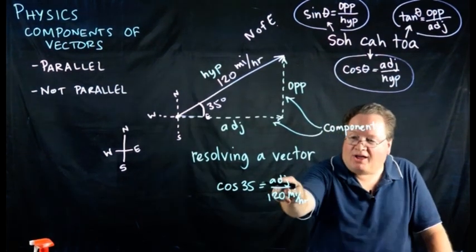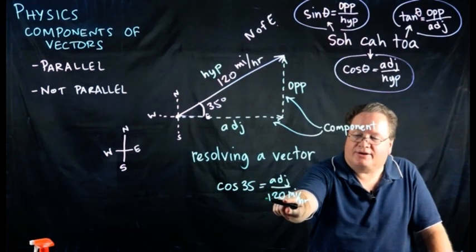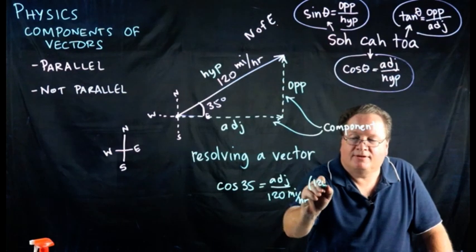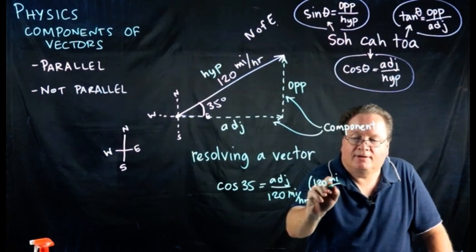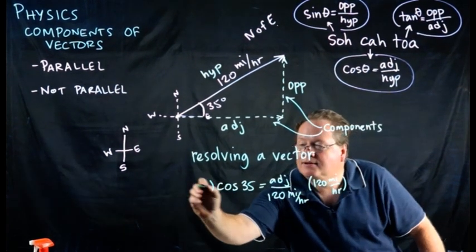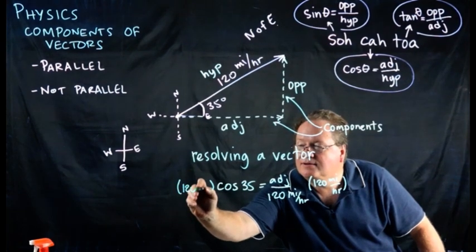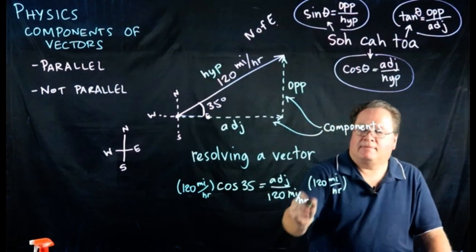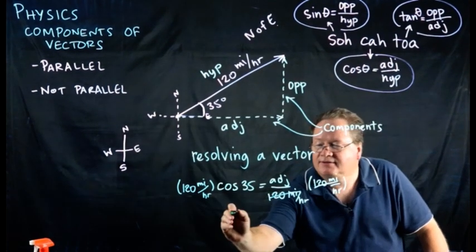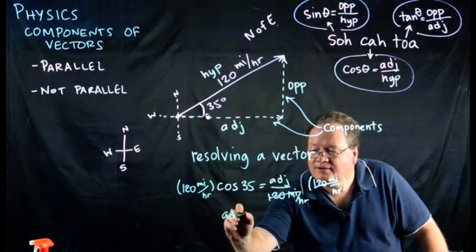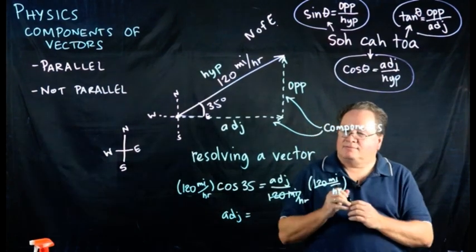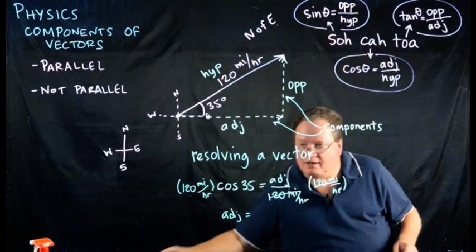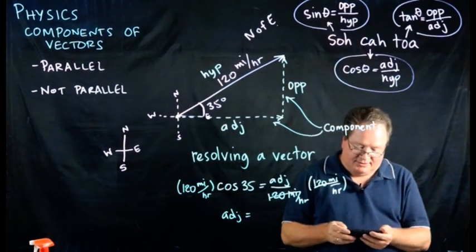Now, I want to solve for adjacent. So that means I need to get rid of this 120. If I'm going to do that, I just multiply both sides. Okay? That's going to cancel it over here. And if I work out this side, I'll figure out what the adjacent is.